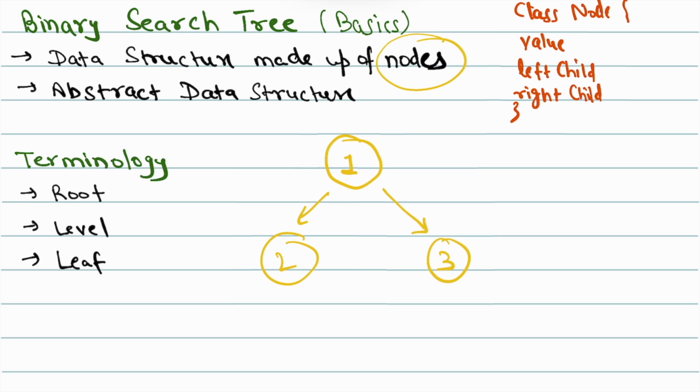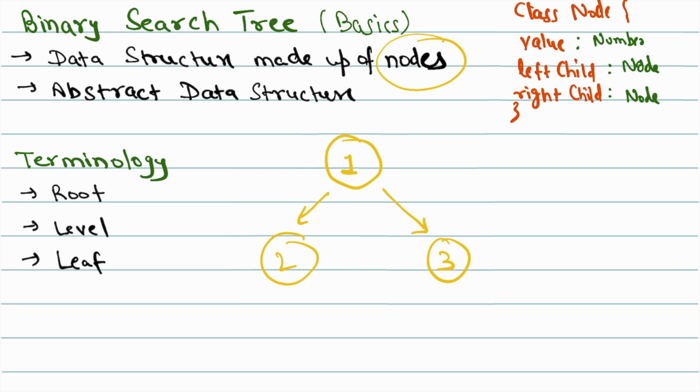So what can be the values of these three properties? The value can be a number, and the left child and the right child are nodes. So a node is essentially an object which holds these three attributes.